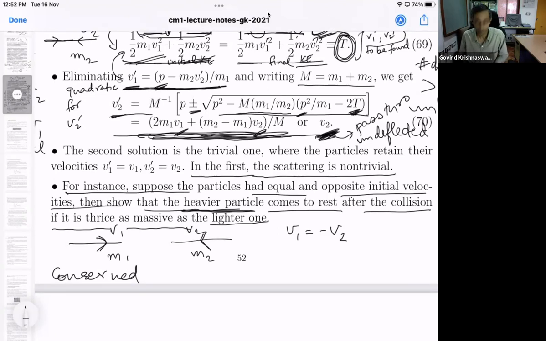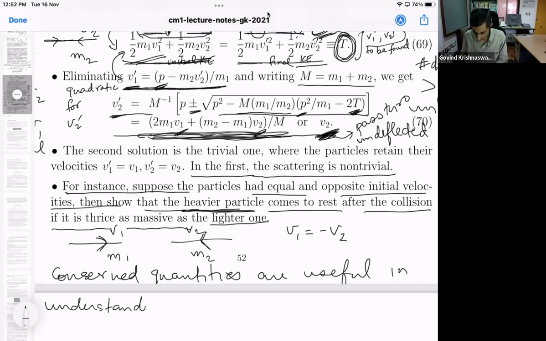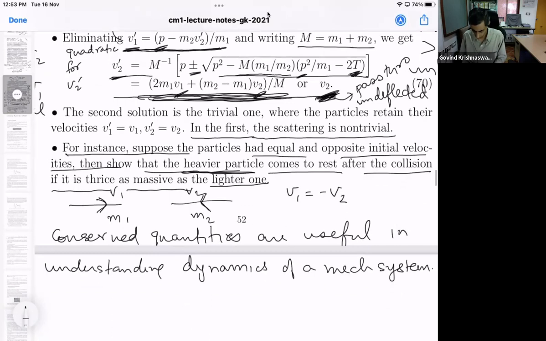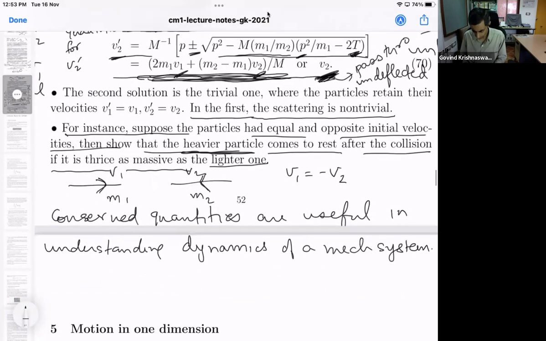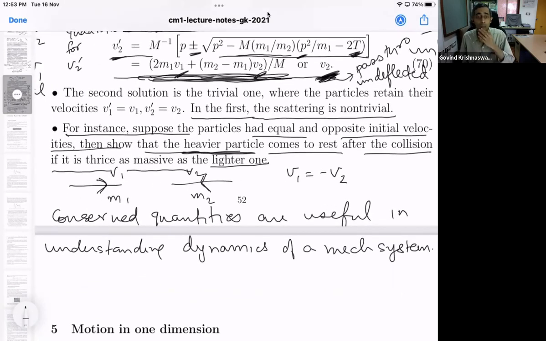I did not know this before trying this out. So this is a very important theme in physics, that conserved quantities and their utility. Okay, any question about this?